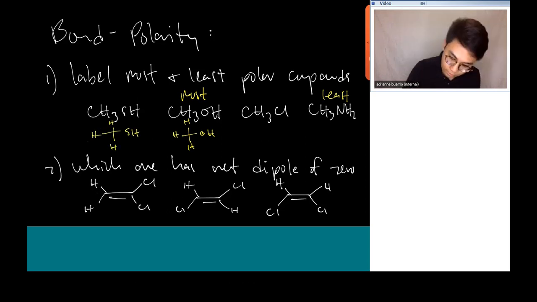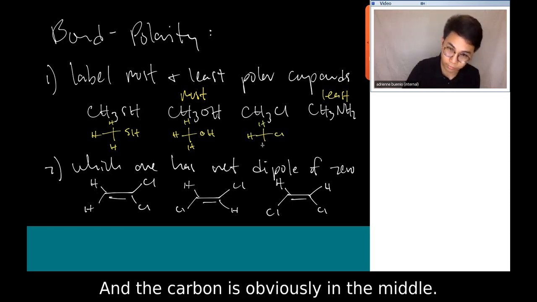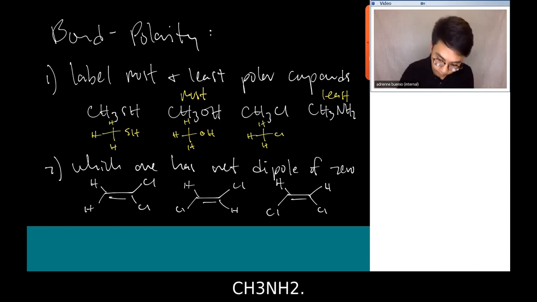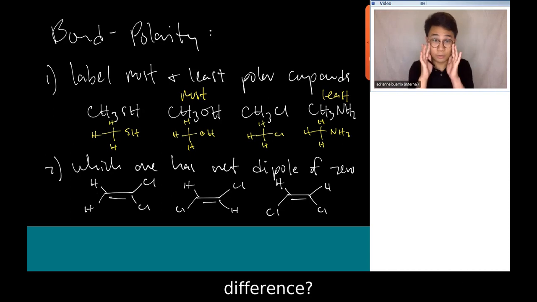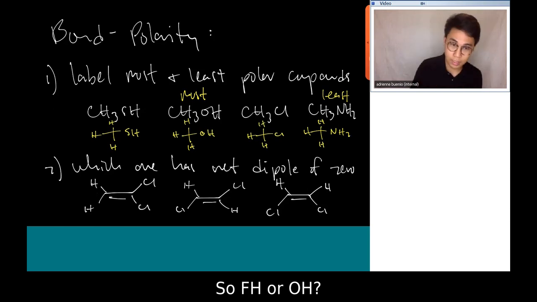This one, CH3CO, and the carbon is obviously in the middle, CH3 and H2, right? So which one of these has the most electronegativity difference, right? So SH or OH.